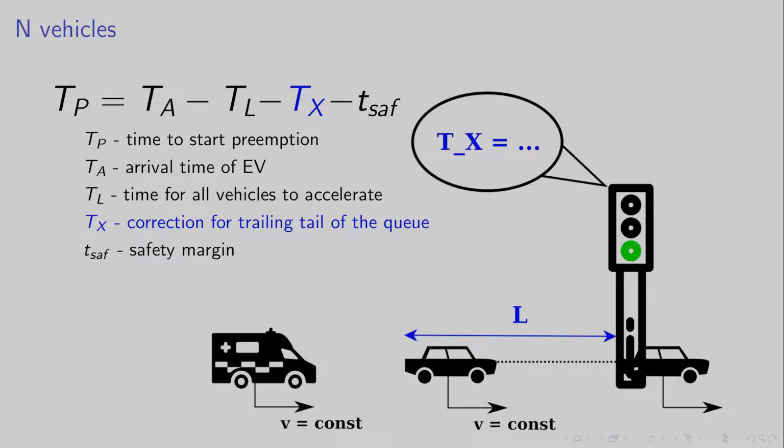We compute a correction term that compensates for this as well. We call it TX. Notice that we don't compute when all the vehicles pass the intersection, but when they reach the saturation speed instead. The formula is now complete. Let's see how it looks in the simulation.